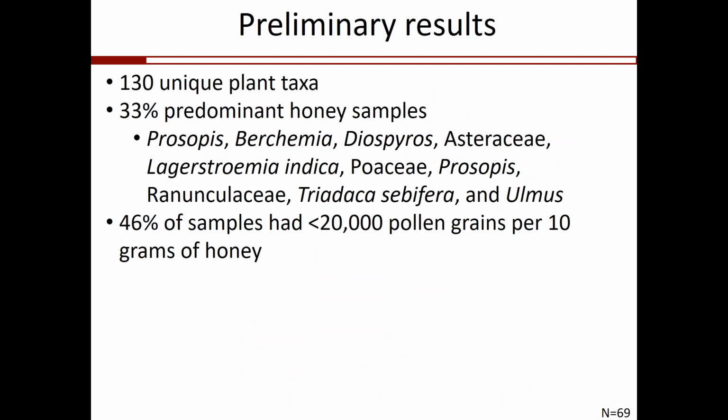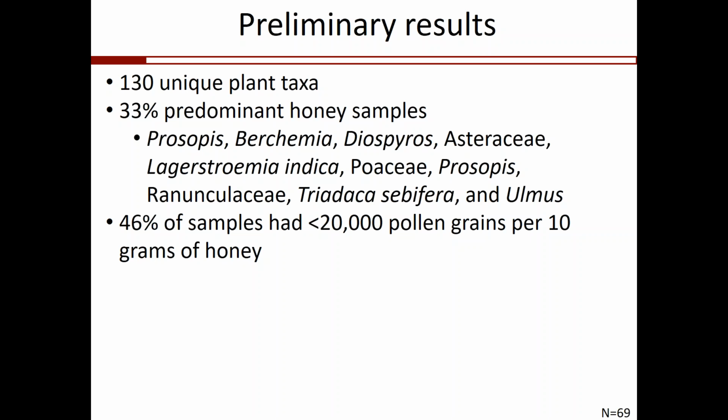Okay, so for our study, within the last year of processing and analyzing samples, we found 130 unique plant taxa so far, and 33% are predominant honey samples. So we had Prosopis, which is your mesquite, and then you had Berchemia, which is your Alabama supplejack. Diospyros was your persimmon. You have your daisies and weeds.